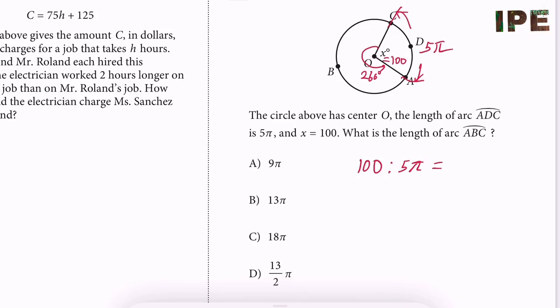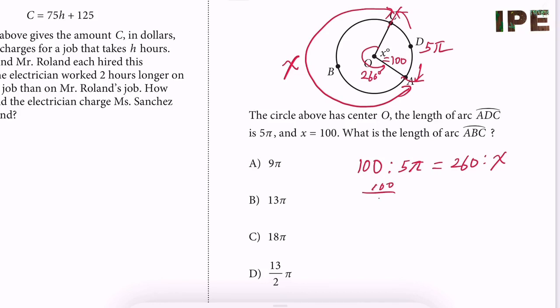That ratio should be equal to 260 degrees to the length of arc ABC. This length, right? Let the length be X. Why? Because central angle and length of arc are directly proportional. 100 to 5 pi should be equal to 260 to X.